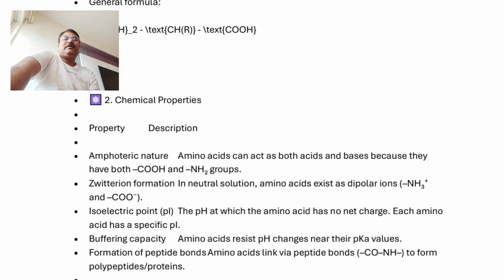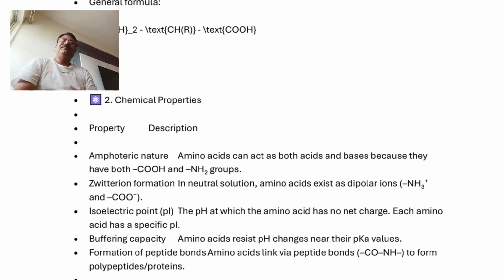Alpha amino acid contains NH3 plus charge and COO minus group. The same species containing positive and negative charges is known as zwitterion formation.